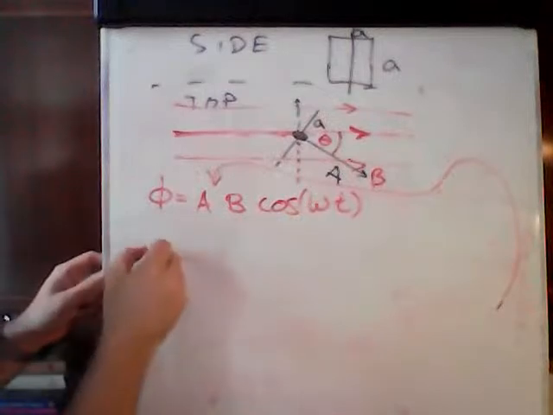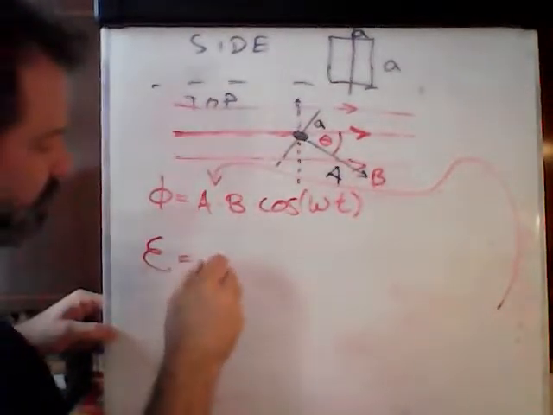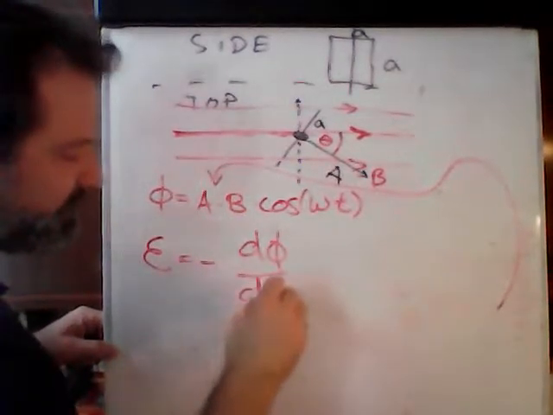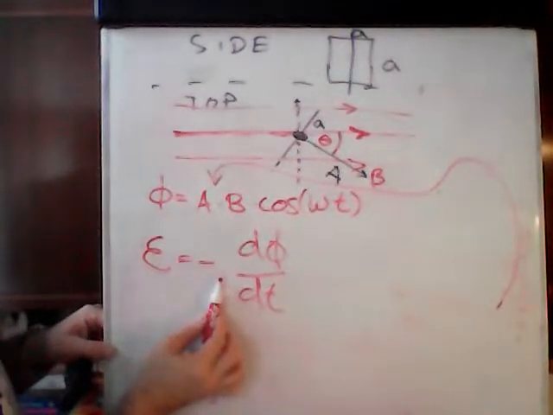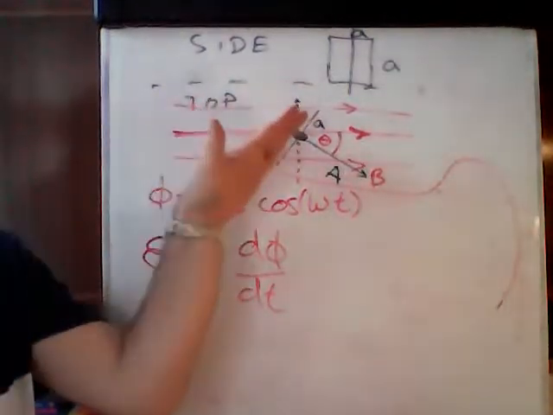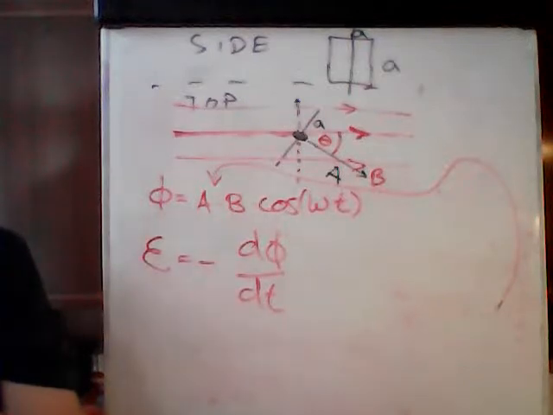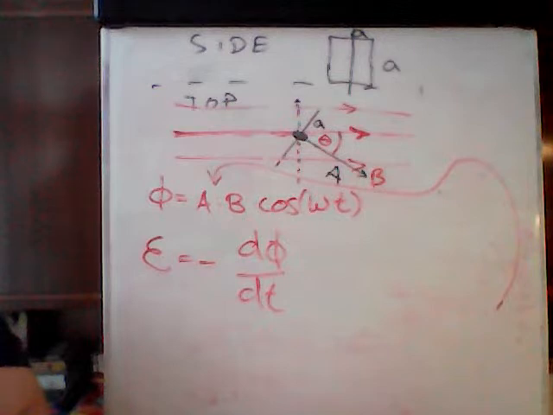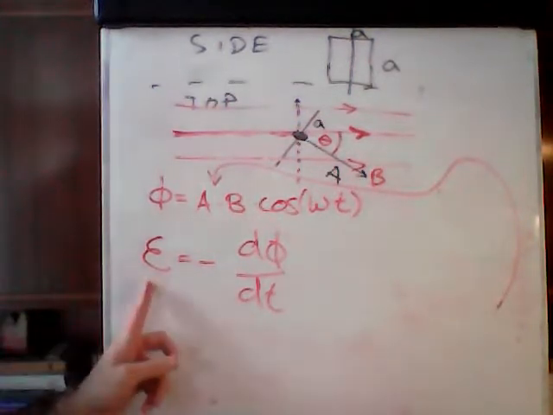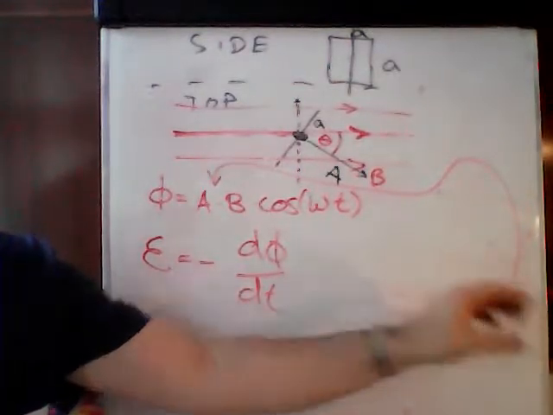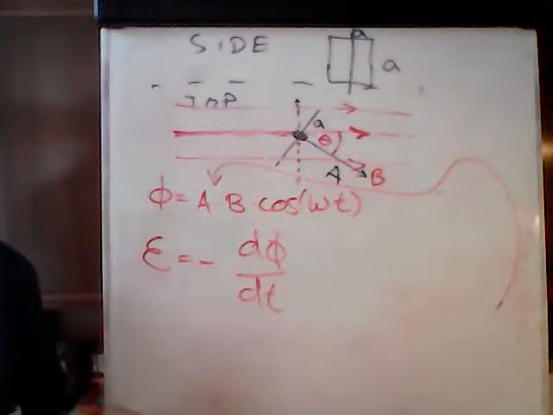And of course, epsilon would be equal to minus d phi dt. Now I left a little space here on purpose, okay? The reason is that we're thinking about this as one loop spinning inside this magnetic field. But of course, if I had more than one loop, 2 loops, 3 loops, 4 loops, then those EMFs from each individual loop would add up together, not unlike a stack of batteries in a flashlight.